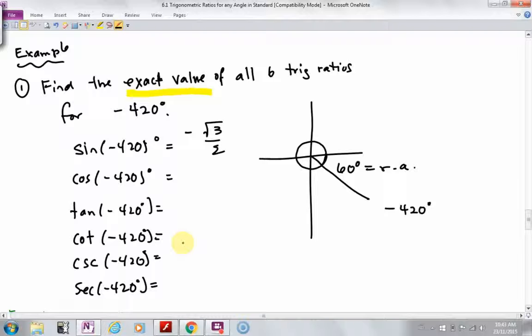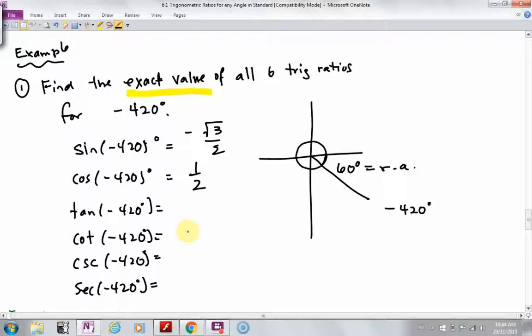In quadrant 4, the ones that are positive are cosine and the reciprocal of cosine, which is secant. Okay? So cosine of negative 420, if we look at our special triangle, cosine of 60 degrees is 1 over 2, and in the fourth quadrant, cosine is positive.